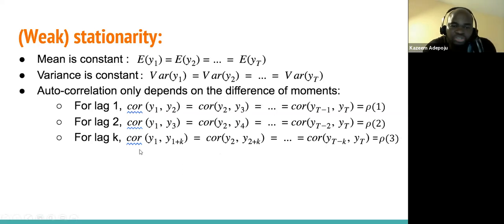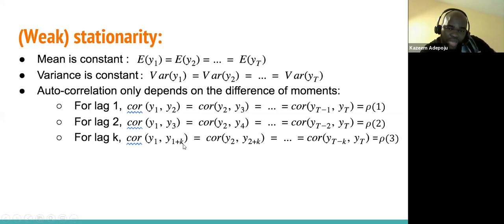So for lag K, because at times we may want to look at the relationship between the current time and what happened so far back in the past, the correlation between Y1 and Y1 plus K, the distance between them is going to be K. How am I going to know?